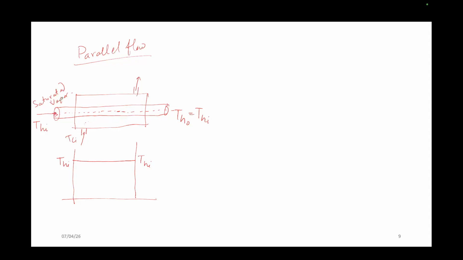It will convert the vapor into liquid. At what temperature is a vapor converted into liquid? At the same temperature. Phase change is happening at the same temperature. That means if it is at 100 degree, it should stay at 100 degree. So that's why this line is a straight line.